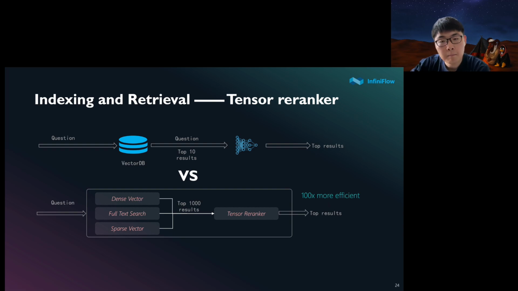Moreover, tensor ranking also allows us to re-rank a much larger candidate set, let's say the top 100 or even the top 1000 results. This means that even if the initial retrieval isn't highly accurate, we still have a strong opportunity to salvage it in the ranking stage.